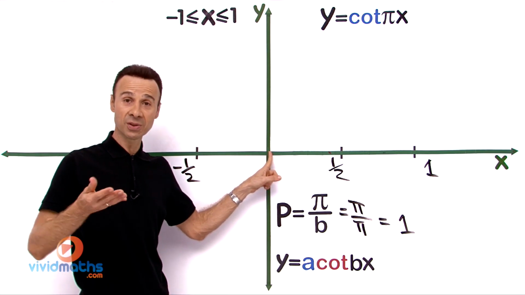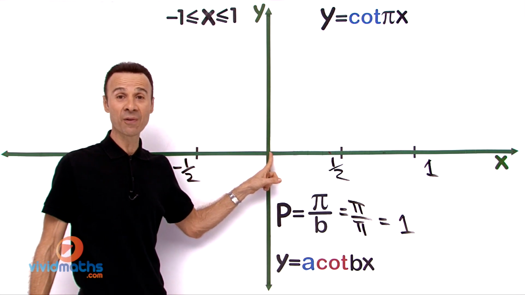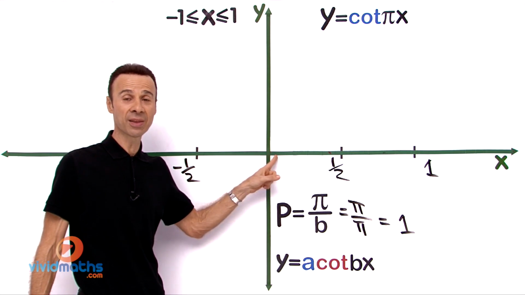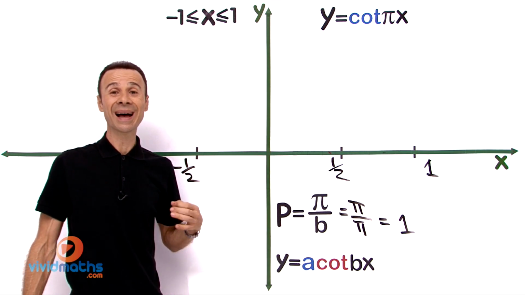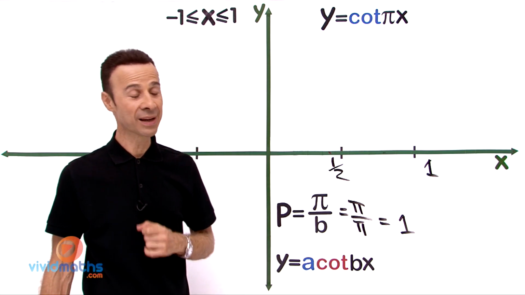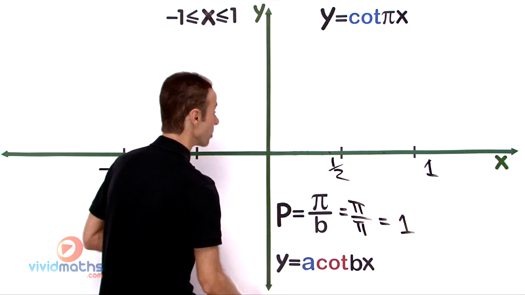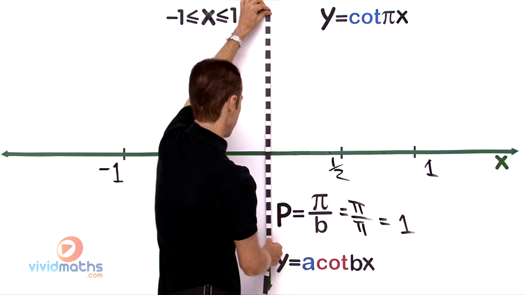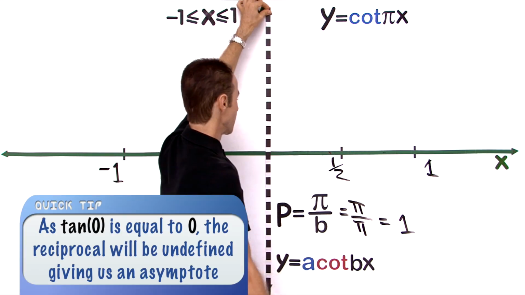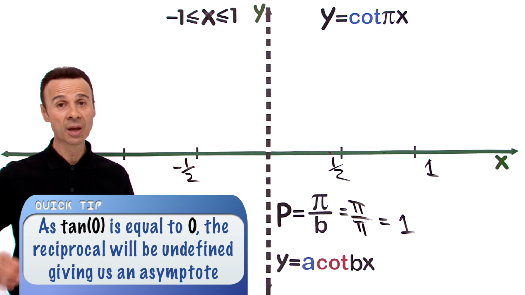But when you reverse it, reciprocate it, and you go through 0, it becomes 1 over 0, which means for cotangent, this place right there at the origin becomes undefined. And if it's undefined, we put a dotted line. It's called an asymptote. So right along the y-axis, first place we go to is we put an asymptote right through there. The curve never touches, never crosses, gets closer and closer, but never touches.